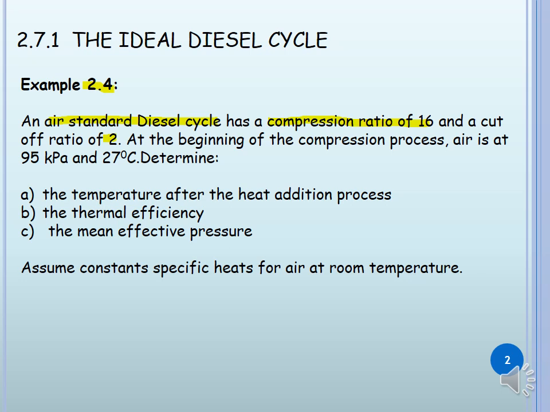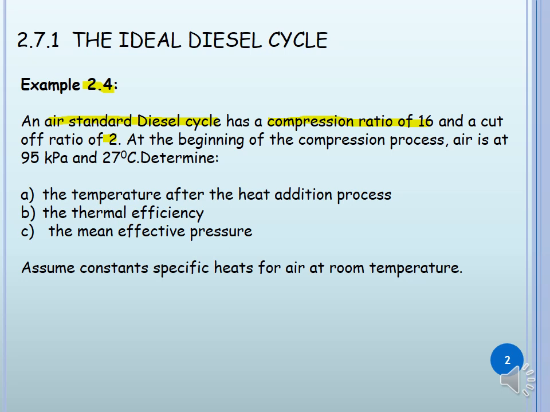At the beginning of the compression process, the air is at 95 kilopascal and 27 degrees Celsius. So P1 is equal to 95 kilopascal and the temperature at 1, the beginning of the compression process, is 27 degrees Celsius.